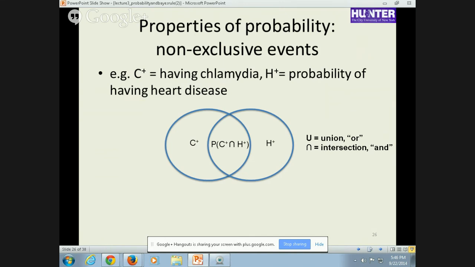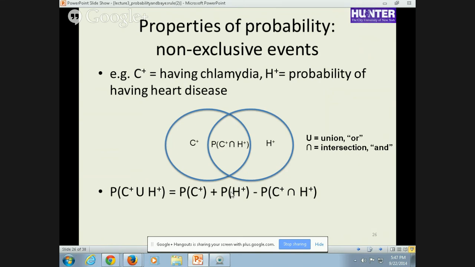For non-exclusive events, we have some overlap. For example, let's say having chlamydia and having heart disease, they're not exclusive. If we want to write this union, now it's not just the sum, it is the sum minus this area, because otherwise it's getting double counted. So it's the sum of the two probabilities minus the intersection for non-exclusive events.